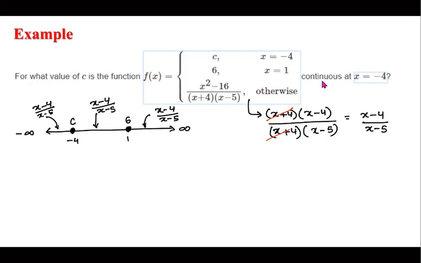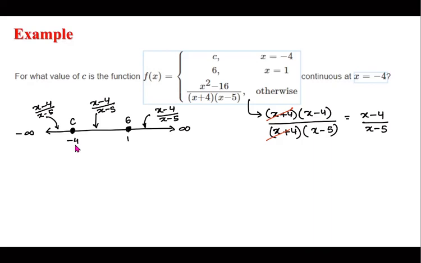And we want to find the value of c so that the function is continuous at -4. So if we want this function to be continuous at -4, there should not be a hole, break, or anything. That means on the left, we have x minus 4 over x minus 5, and on the right, also, we have x minus 4 over x minus 5. So the value of those two should be equal to c at x equal to -4.